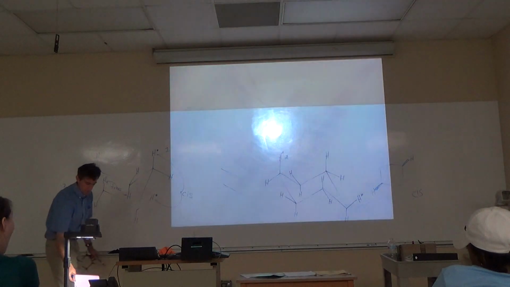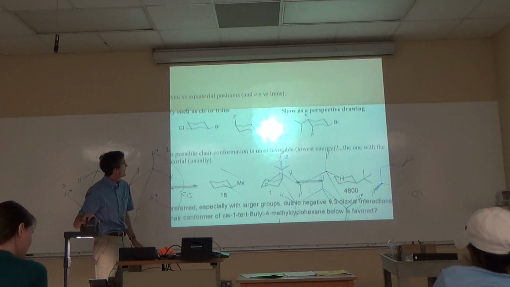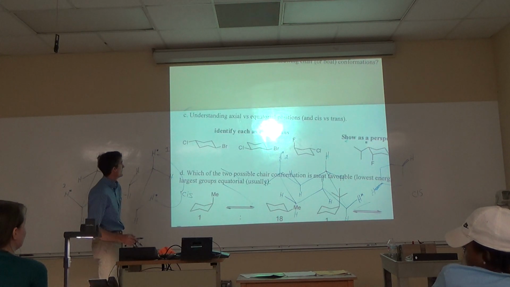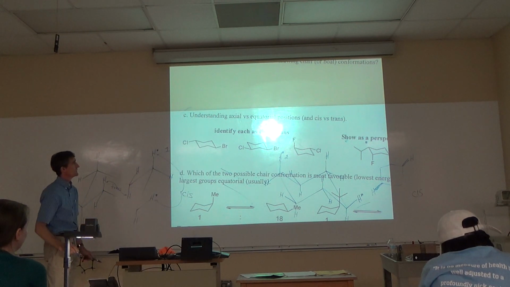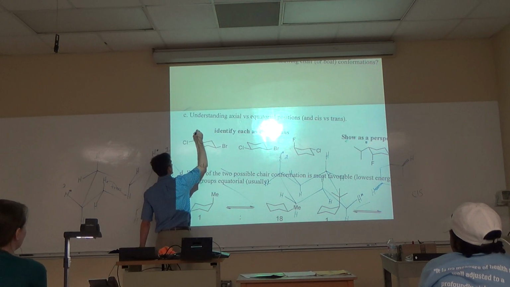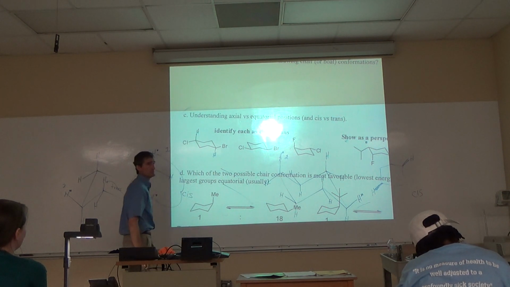All right. Let's do some here. Are the two halogens cis or trans? Now I'm not drawing in the H's here. If you drew in this H, it would be straight up, right? And this H would be straight down. What are they here?